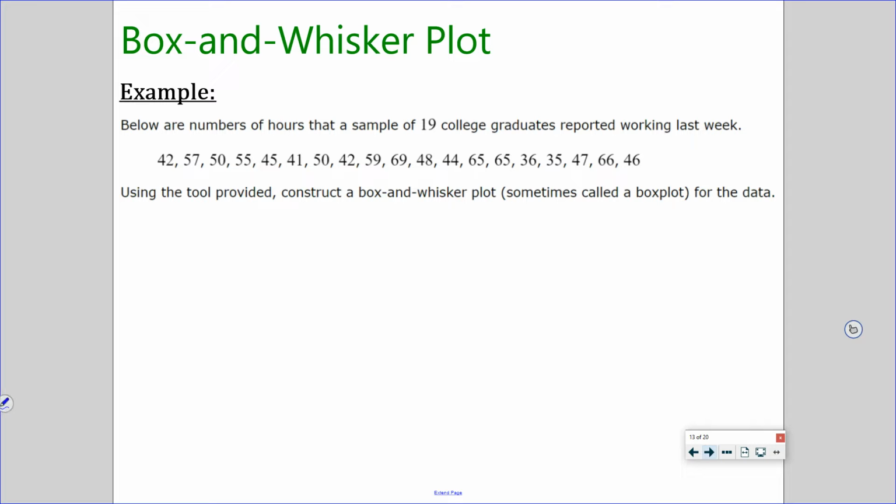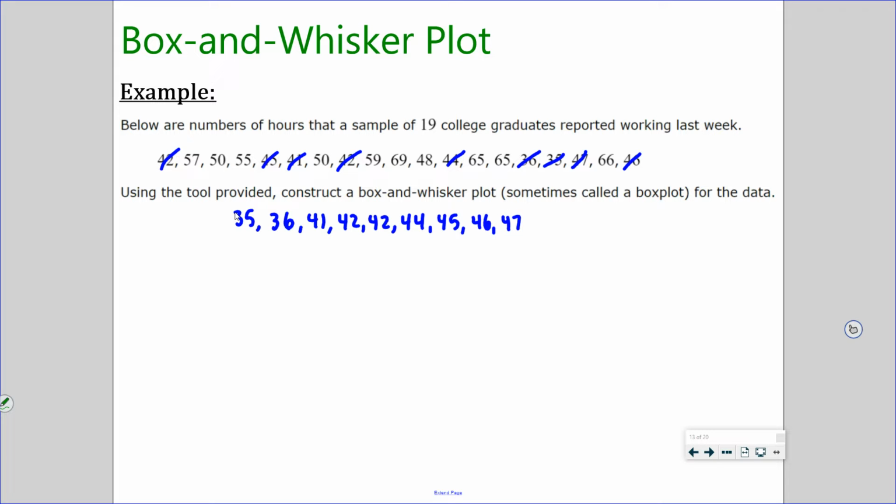And we do have to find the min and the max as well, so this will be helpful. 35, 36, 41. There's two 42s. 44, 45, 46 and 47.